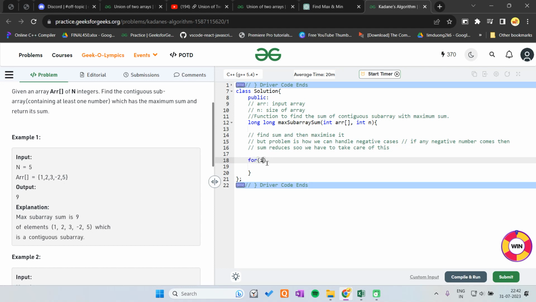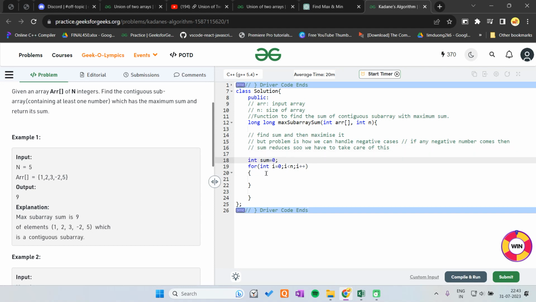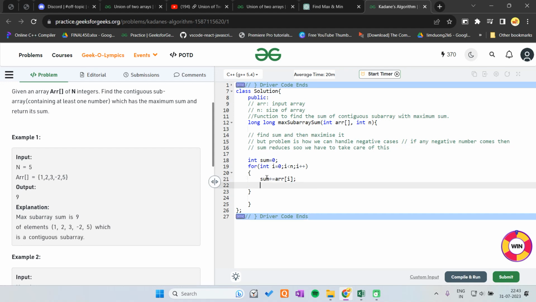So what I'm doing is writing a loop till n, and I'm saying sum is 0 and finding the sum by adding arr of i. So I find the sum as 3, 2, 5, 6, then it is reduced. So if the sum is reduced, we can say this is the maximum.